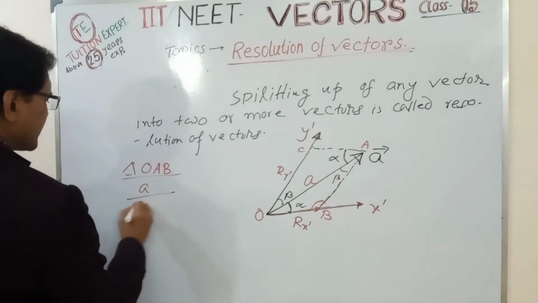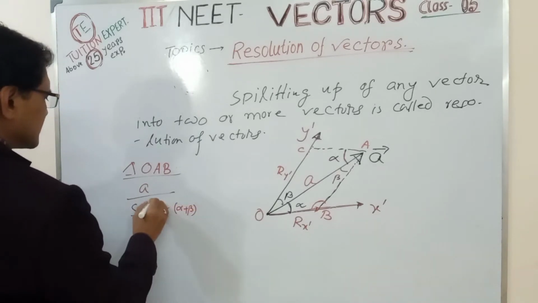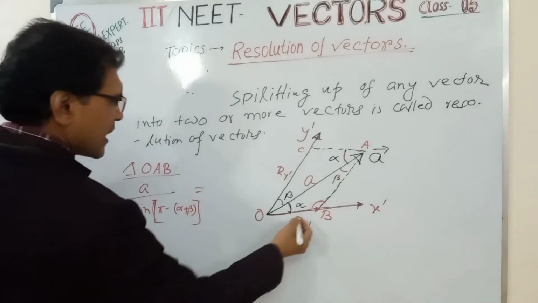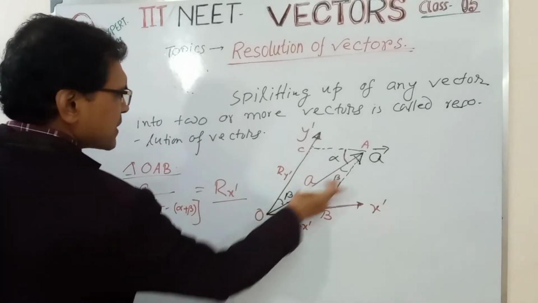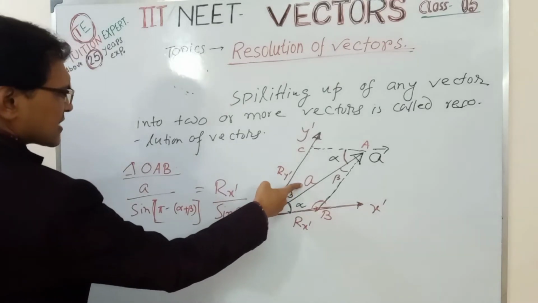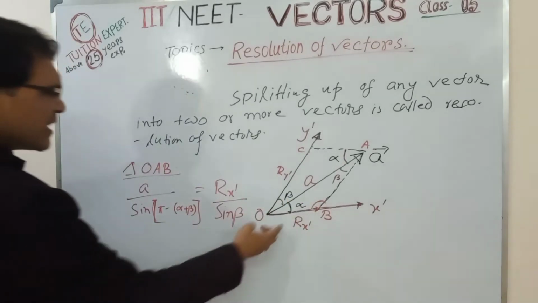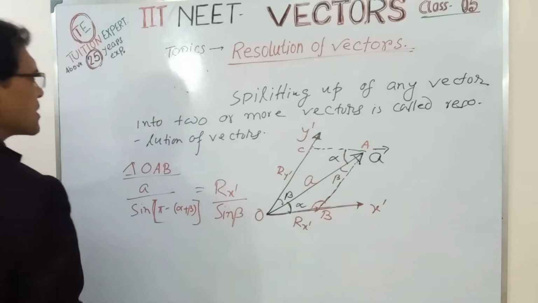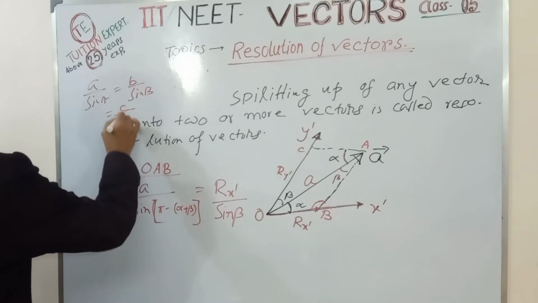We get A by sine of pi minus alpha plus beta equal to Rx divided by this. The side A has this opposite angle, pi minus alpha plus beta, and the opposite angle of this side is beta. So a by sine A equals b by sine B equals c by sine C.